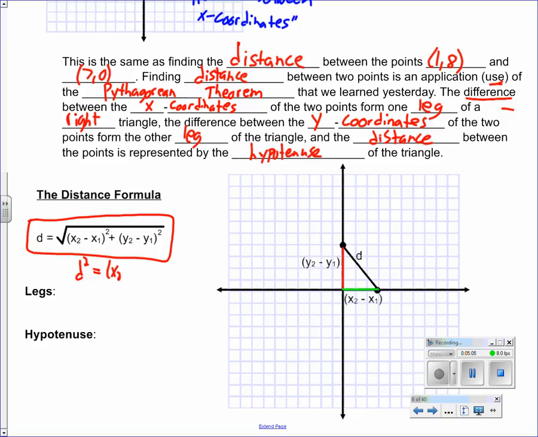That's equal to the two legs squared, the difference between the x coordinates and the difference between the y coordinates. So the two legs of our triangle are y2 minus y1 and x2 minus x1. And the hypotenuse is d, the distance.